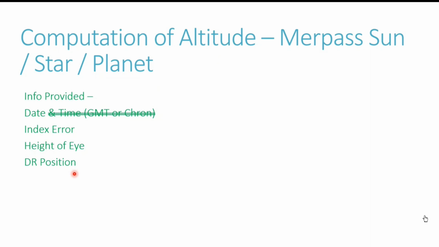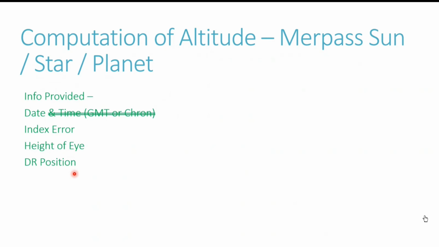This is not a fix. And because of this error in the DR position, the altitudes which we are computing may also have some error. So they may not exactly match the actual altitude of the body which we are going to observe, but they will be very, very close to it.